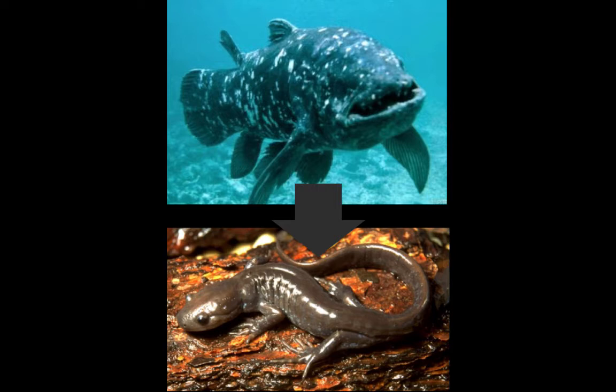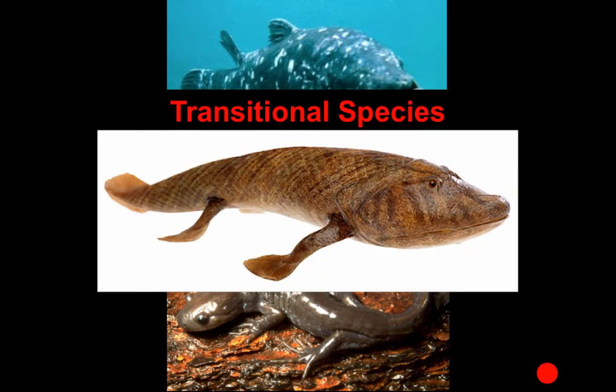And so one of the things that the fossil record can really help us with is looking at things called transitional species. And it's actually pretty hard to find these, but we have found a lot of them. And what this individual shows is a transition between a fish and an amphibian.